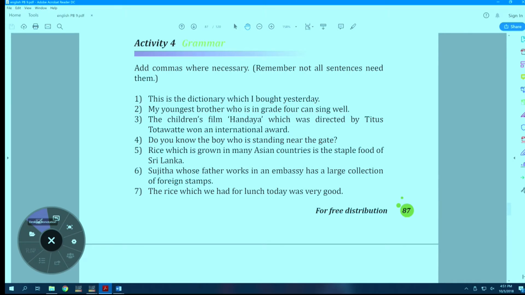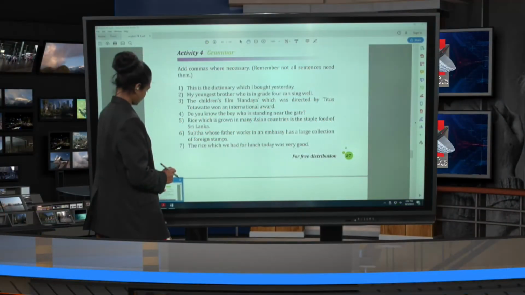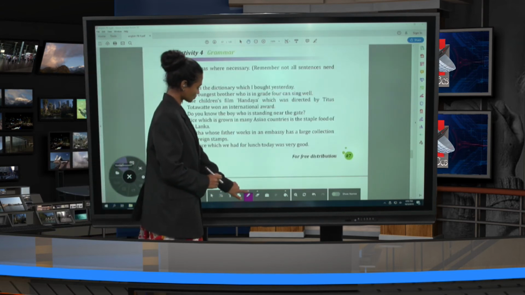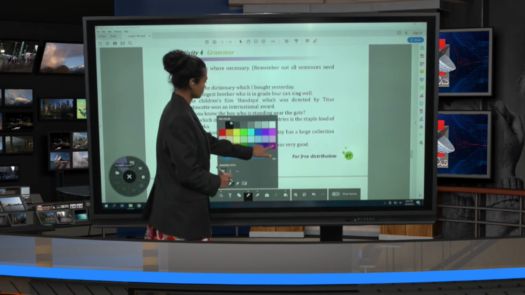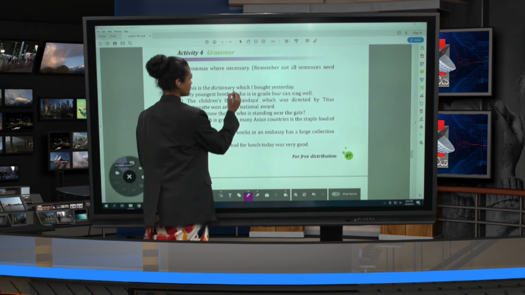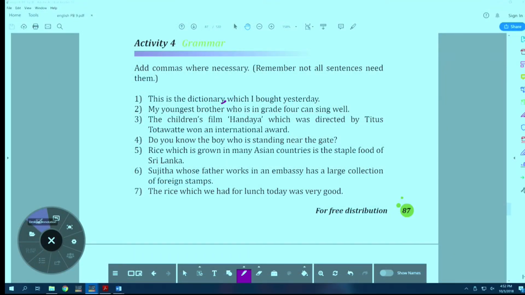So where are you going to put a comma? Yes, you cannot use a comma here. This is the dictionary which I bought yesterday. Then the second one.